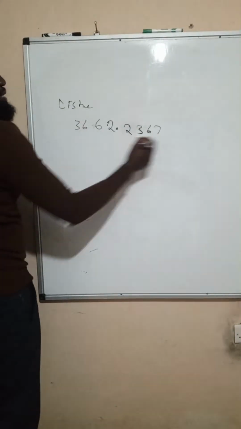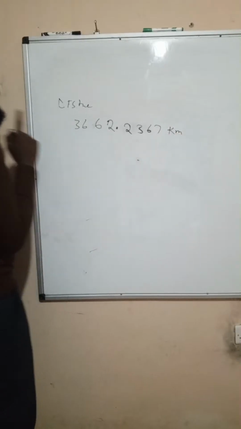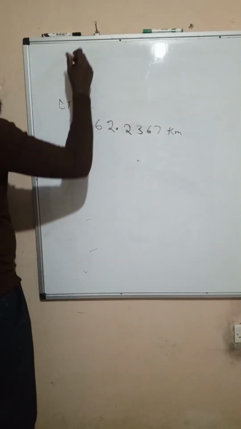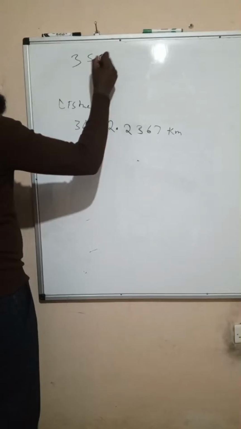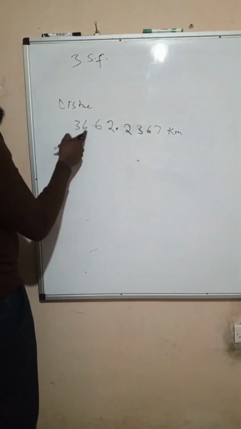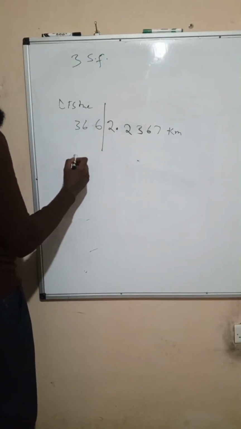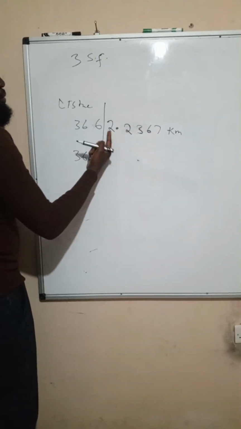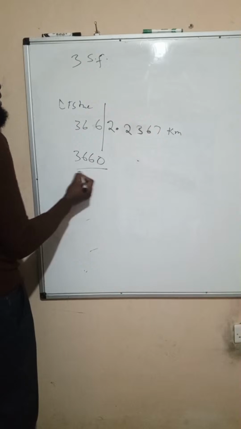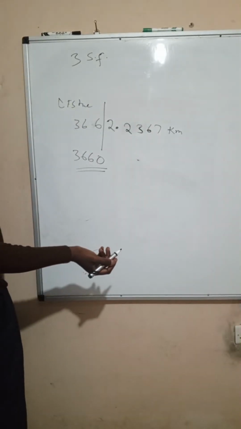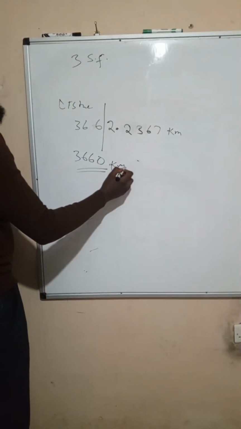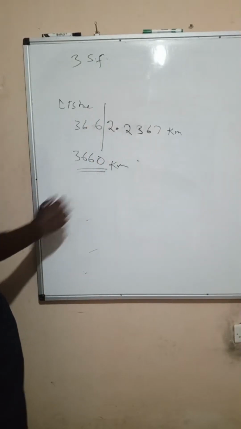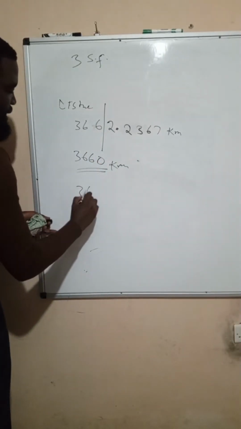If this is a distance, in kilometers for example, or nautical miles, I said 3 significant figures. You calculate 1, 2, 3. Cut off here to be 366. This one is a number before the decimal point. Placeholder 0. You see, simple like that. And then kilometers. So write this but round off.